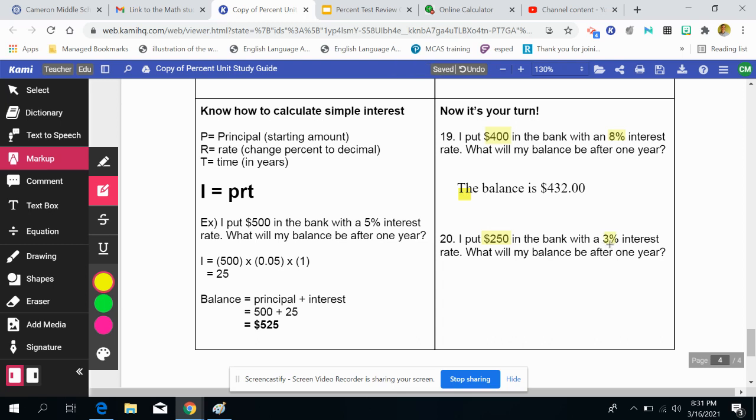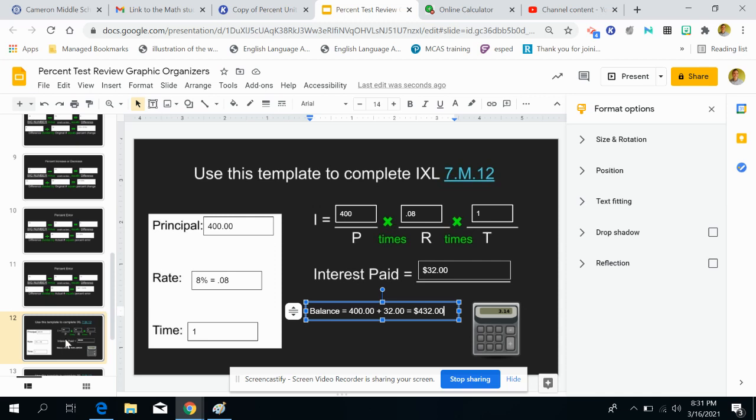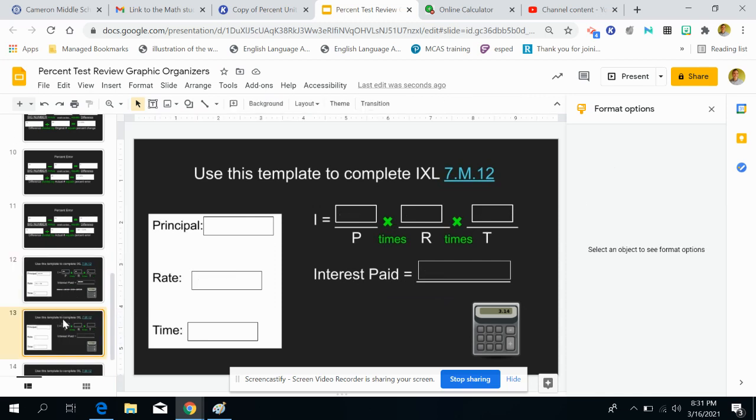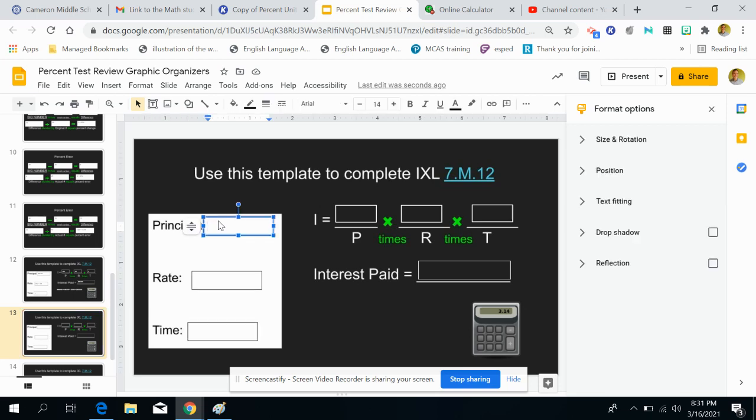I'm going to highlight 3% because that's my rate. And I'm going to highlight 1 year because that's my term or my time. So let's take these numbers and plug them into our graphic organizer. My principal was $250.